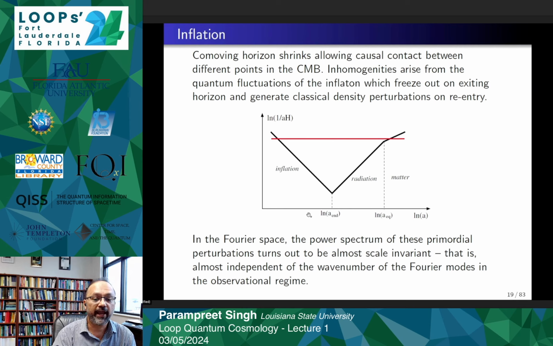But what actually happens is that, I'm plotting here the comoving horizon, the log of the Hubble radius versus the log of the scale factor. And I'm showing different regimes. The phase in which inflation is going on, and then at some scale factor, inflation ends.